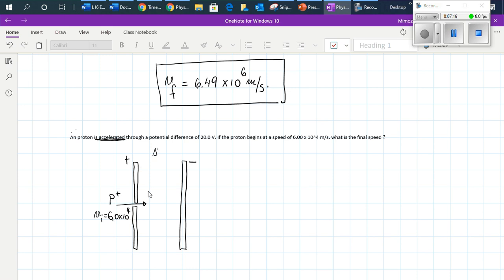Now the change of voltage between those two plates is 20 volts.